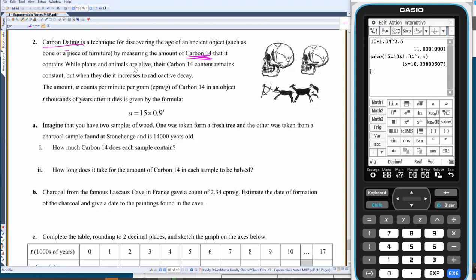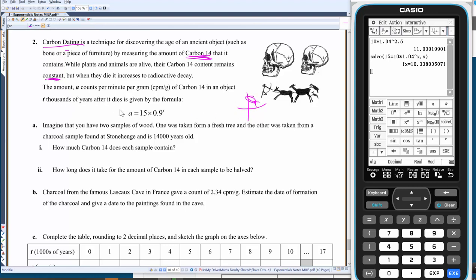While plants and animals are alive, their carbon-14 remains constant. So they'll have a certain amount of carbon-14 in them, but when they die, the carbon-14 will decrease. And if they discover something, they can look at the amount of carbon-14 and work out how long it's actually been dead for.